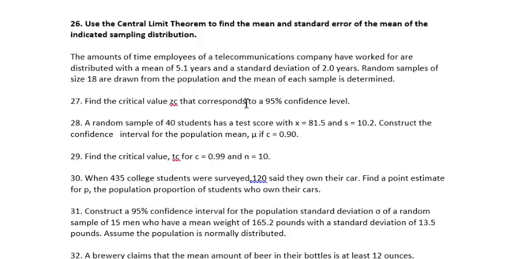Okay, find the critical value of Zc, which means the z-table result that corresponds to a 95% confidence level. Now remember, a confidence level means in either direction, so that is a two-tailed distribution, not a one-tailed distribution, which is what you would use if you were looking for everything below a certain point.